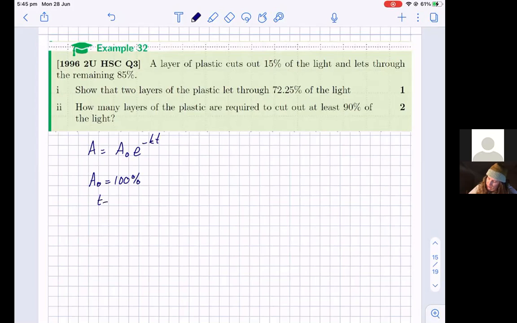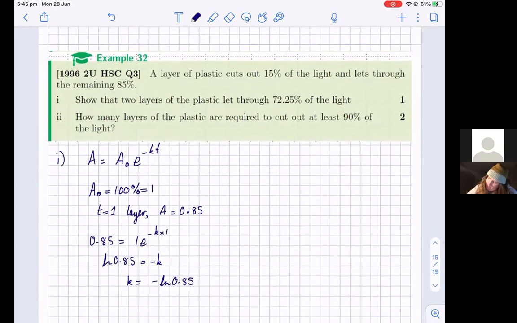When t equals 1 layer, a is 0.85. So we can say 0.85 equals 1 e to the minus k times 1. So ln 0.85 equals negative k. So k equals negative ln 0.85.